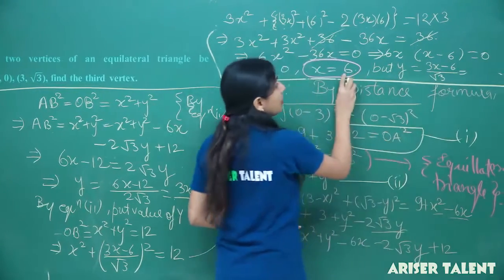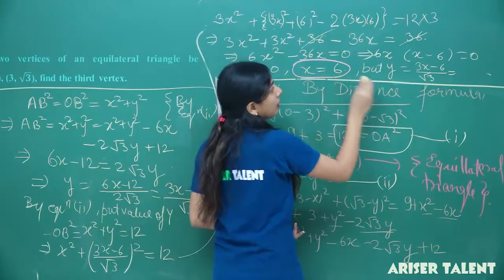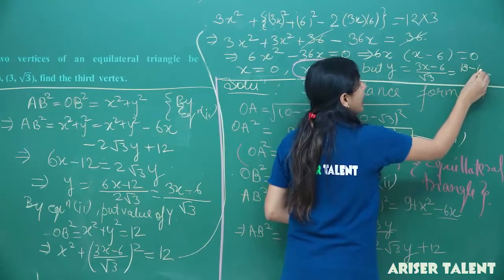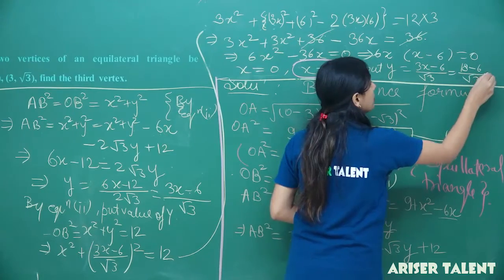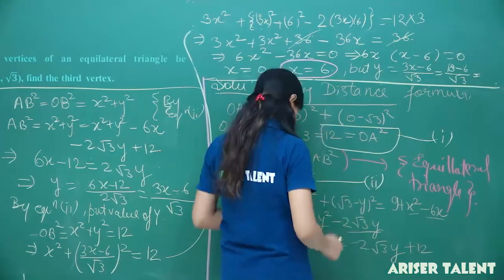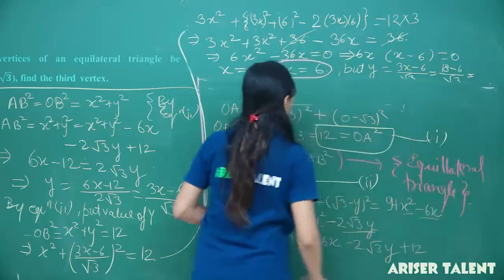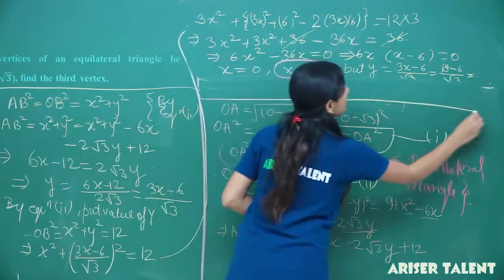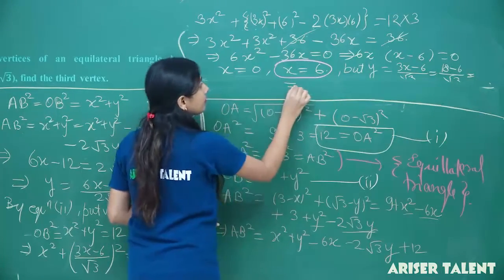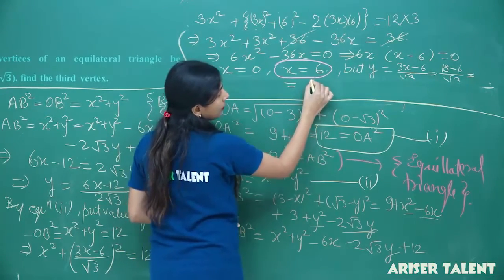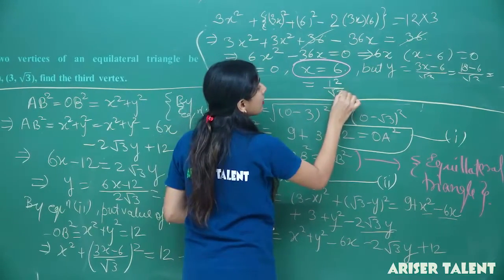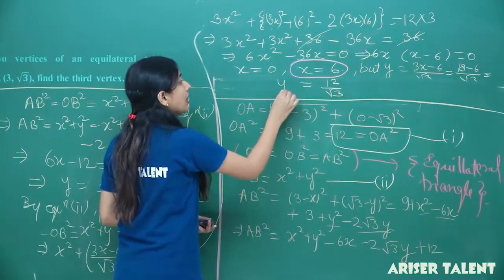That means the value is here: 18 minus 6 by root 3. Calculate this value. So that will be 12 by root 3. So this is the value of y.